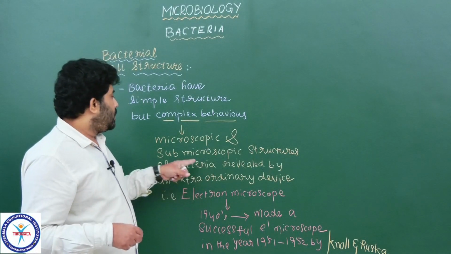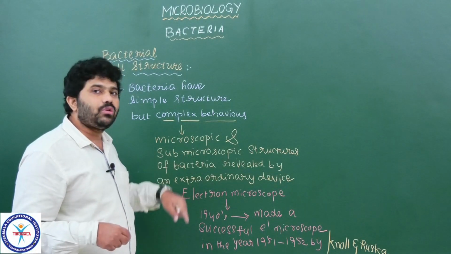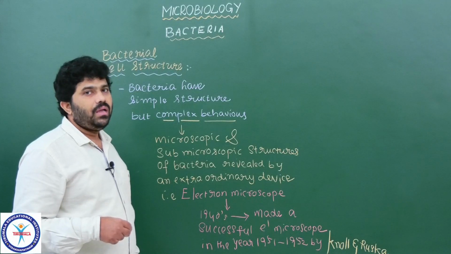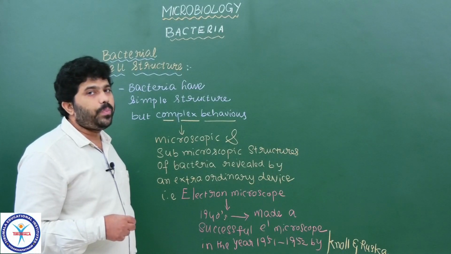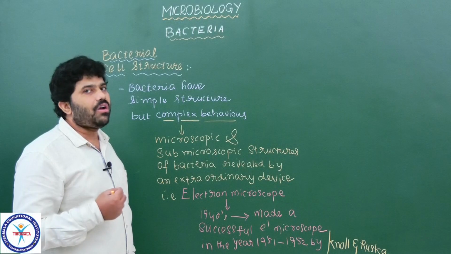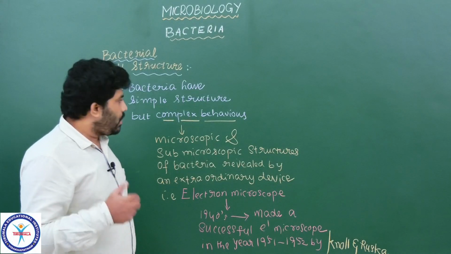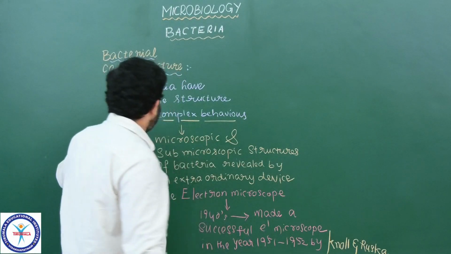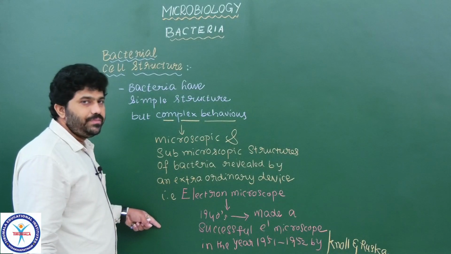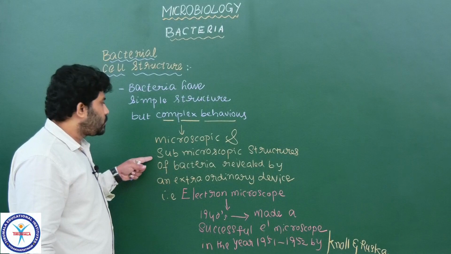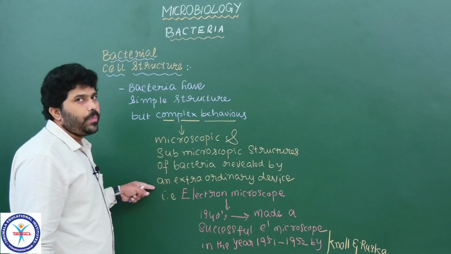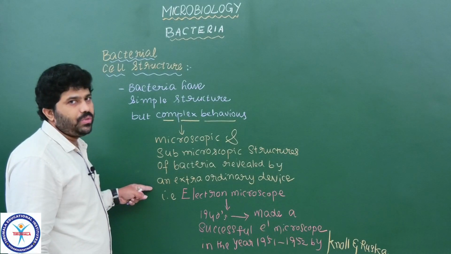Submicroscopic structures are also clearly shown to us, which we gathered as the ultrastructure of bacteria. So with the help of this device, scientists revealed microscopic and submicroscopic structures and their information, students.